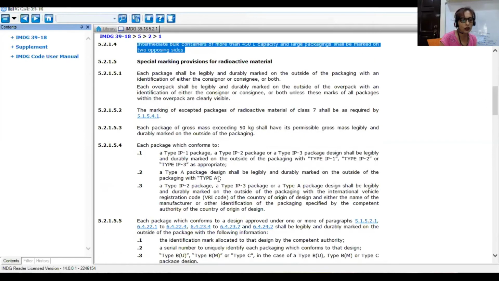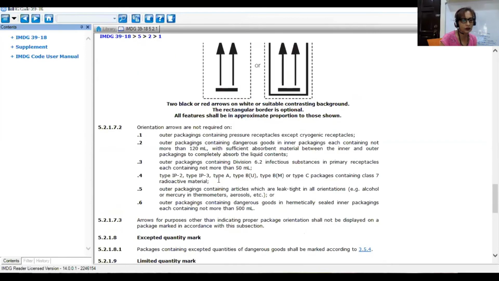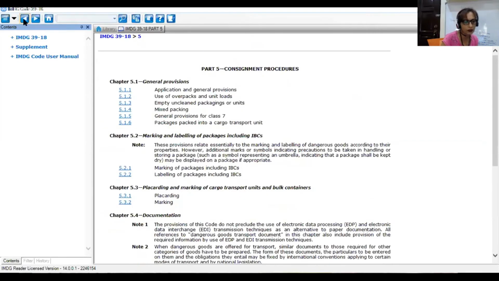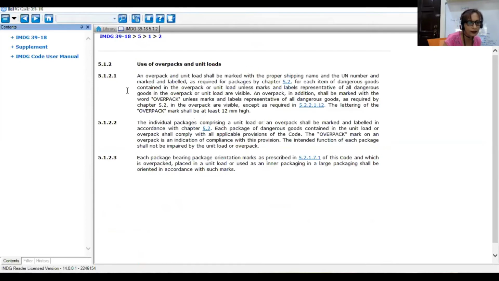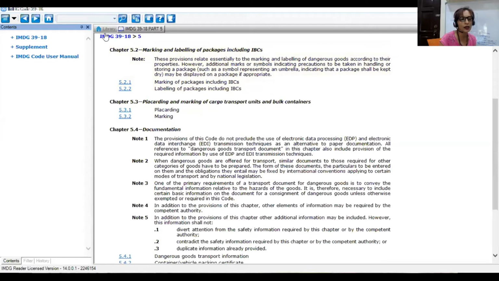And when you want to look at overpacks, just so we get the overpack story out. All right, the use of overpacks. The code tells you an overpack or unit load shall be marked with the PSN and UN number and marked and labeled as required for packages under 5.2. 5.2 is telling you how to mark and label, right?